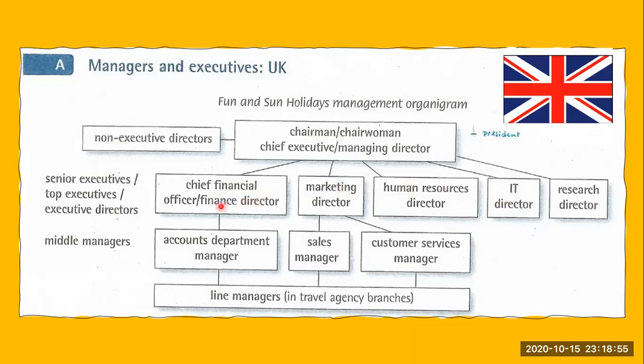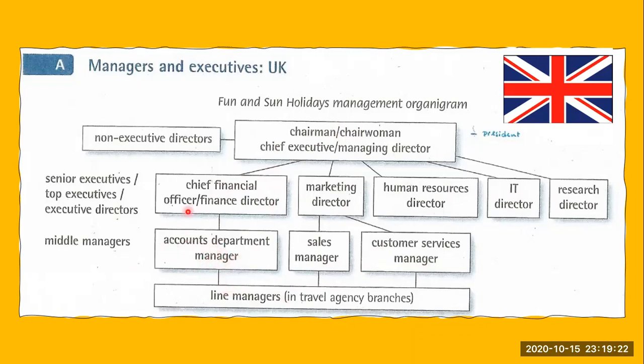Okay, let's continue. We have the chairman or chief executive, then we have the directors, and under them we have the managers. So you see where the managers are? They are not here, they are here on the third position, on the third level, from the top to the bottom, which is fine because they are also part of the board of the company, right?